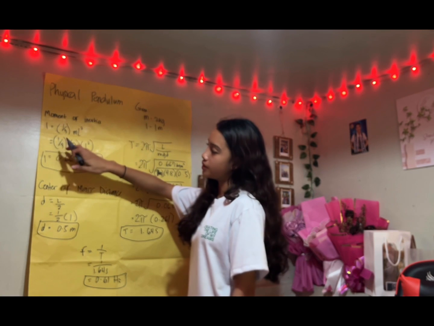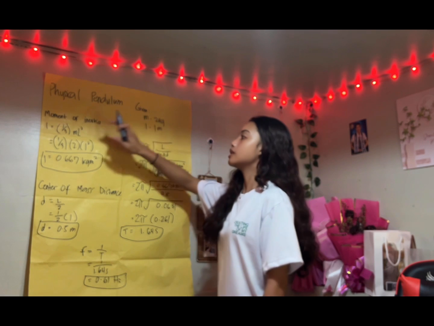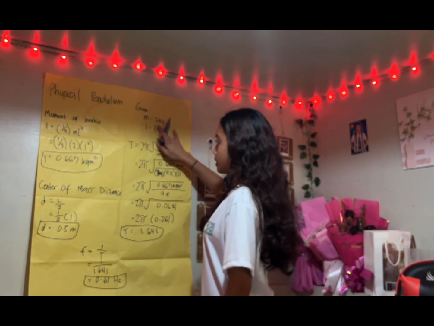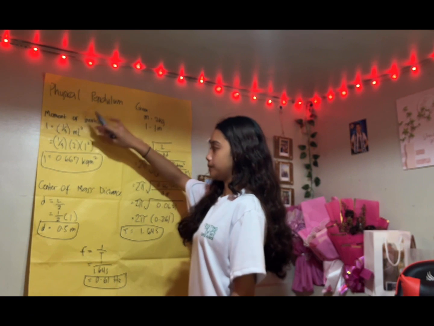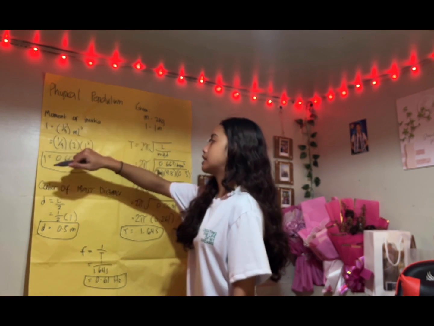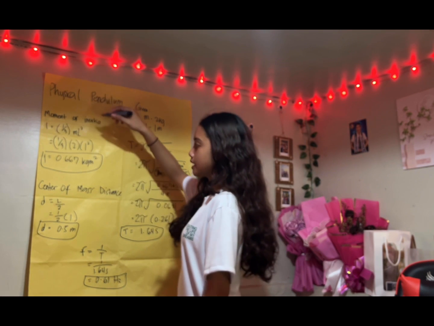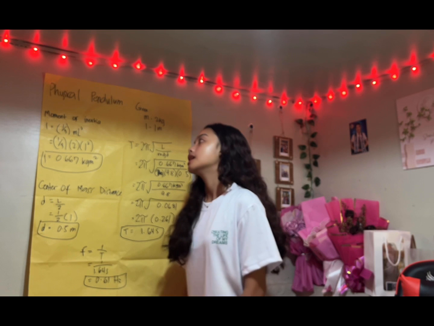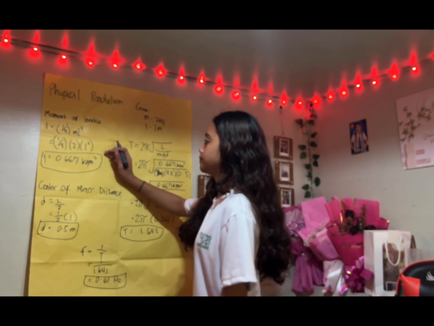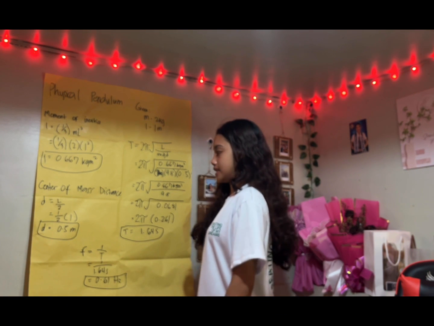So 1 over 3, m given is 2 kg, and L is 1, so 1 squared. You just multiply, and the final answer for I is 0.6667 kg m squared.